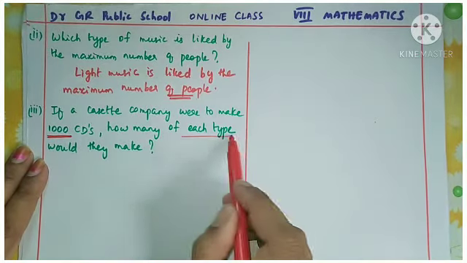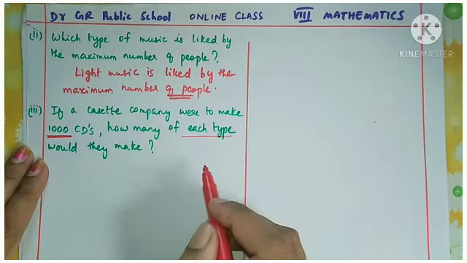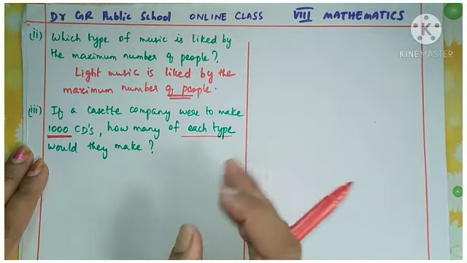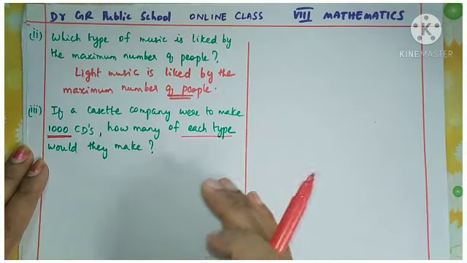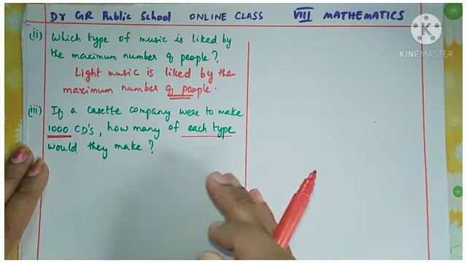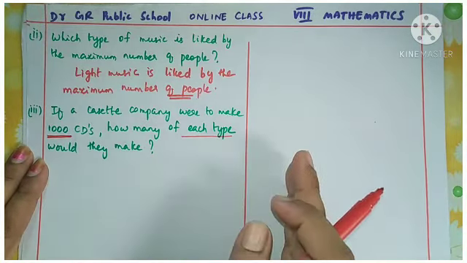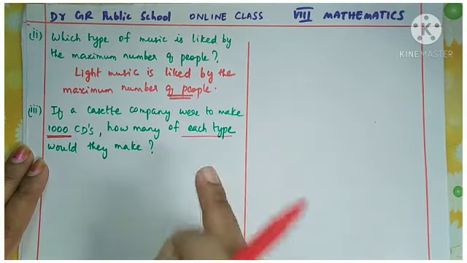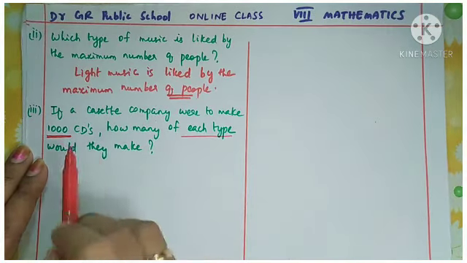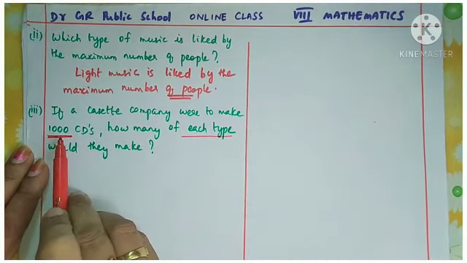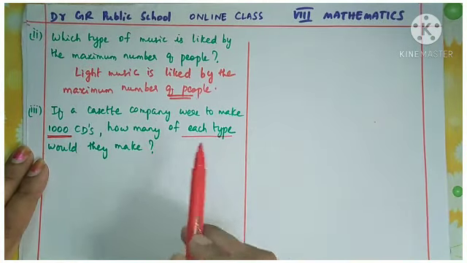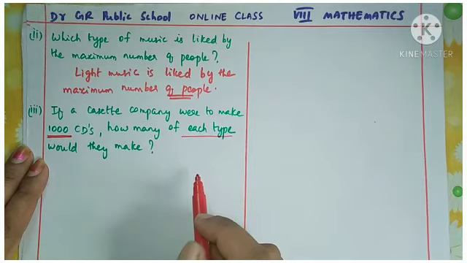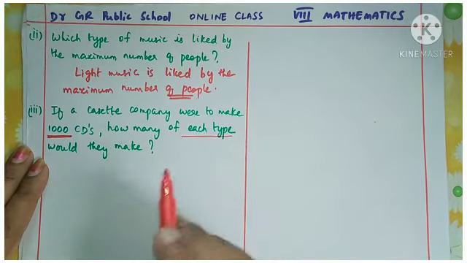Each type means light music, folk music, classical music, semi-classical music. In each type, how many CDs will be produced by the company? That is the question. So we are going to find one by one.